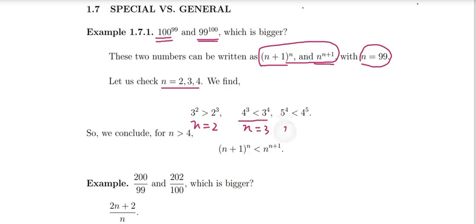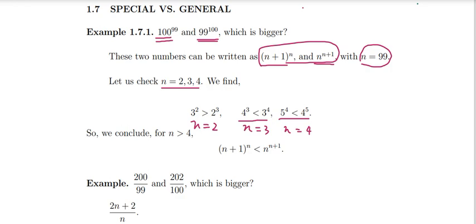And then we check one more, like n equals 4. So we find this is 4^5 and 5^4. We compare 4^5 or 5^4, and we find 4^5 is larger than 5^4.